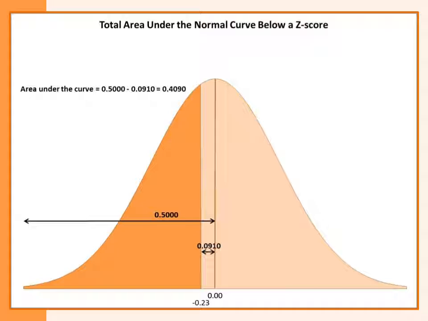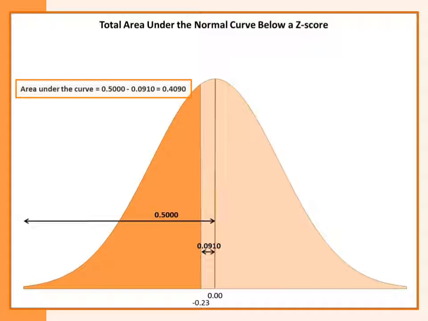We know that the entire area below the mean of 0 is 0.5000, half of the curve. So we'll subtract from that the area that falls between minus 0.23 and 0 for the mean.